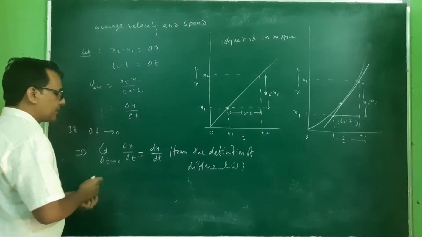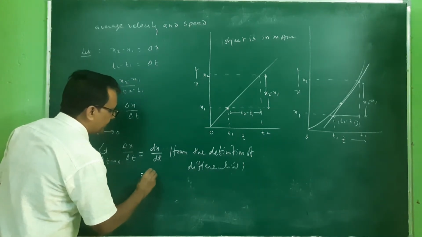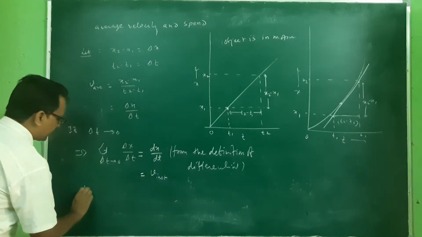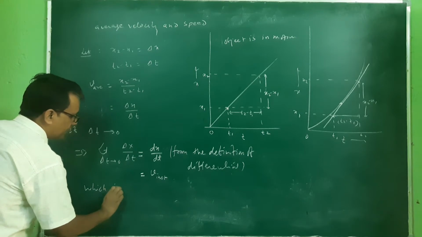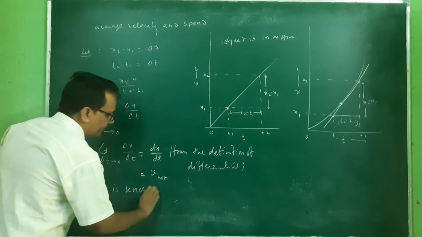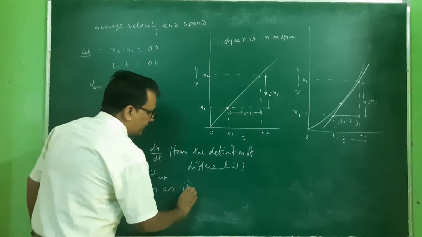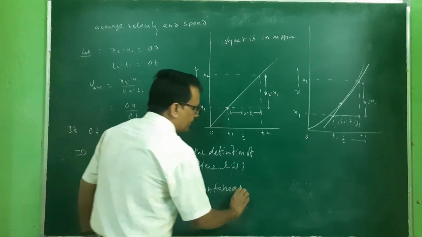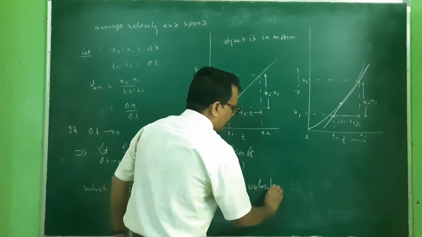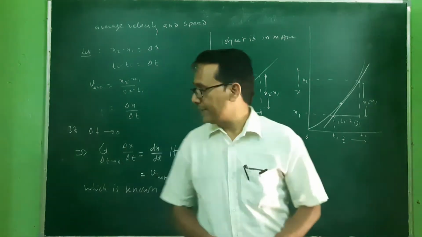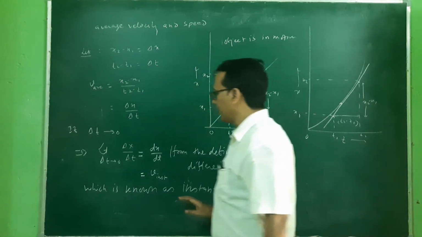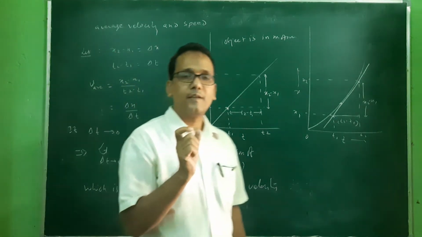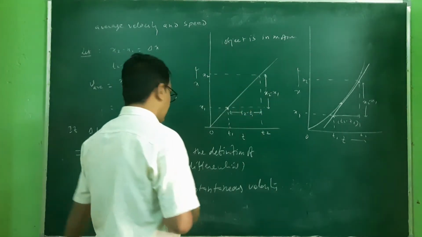And now this is represented by another term, v instantaneous, known as instantaneous velocity. That instantaneous velocity is actually the velocity of any object, any body at a particular time.